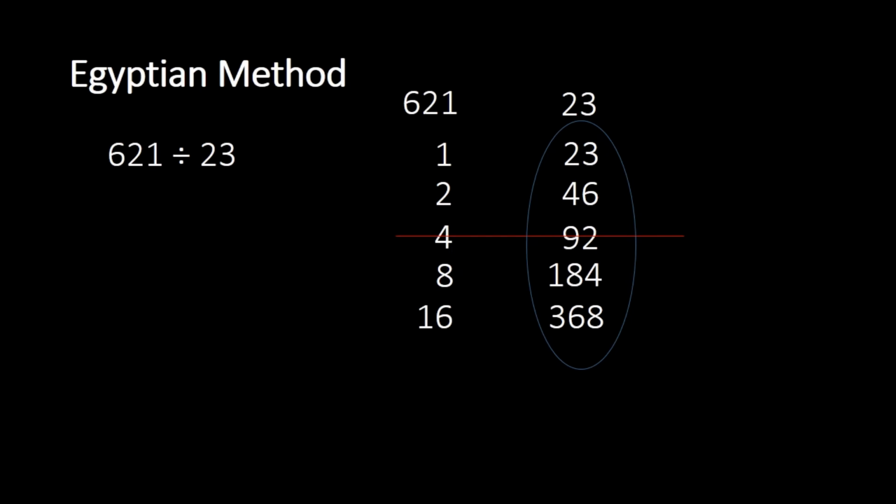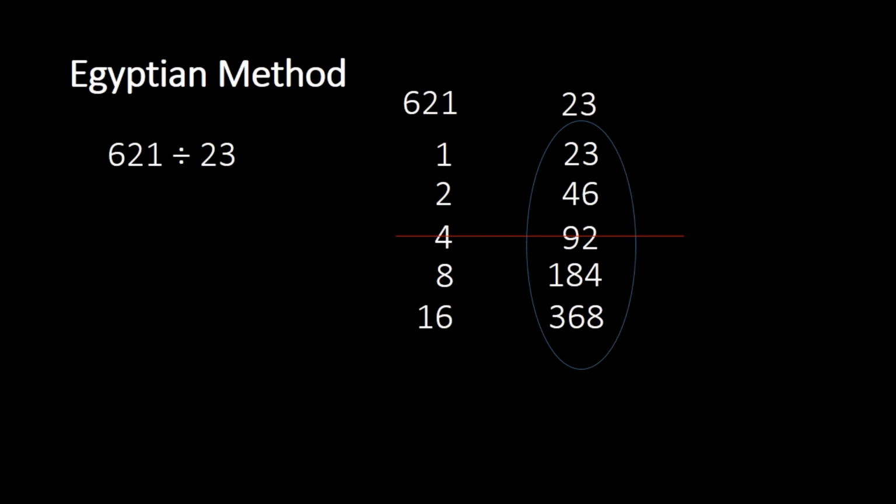Okay, so how about if we add 46? Adding 46 will give us 598, which is still smaller than 621. So we add 23, and lo and behold, we get 621.